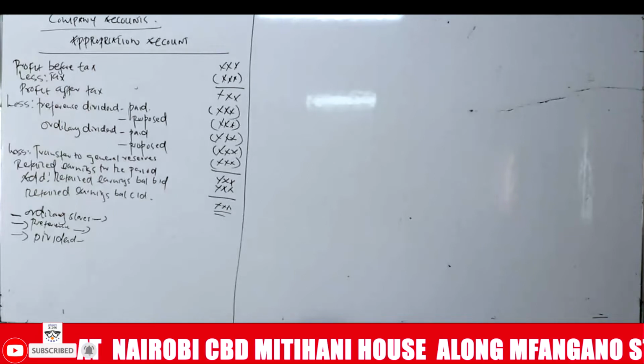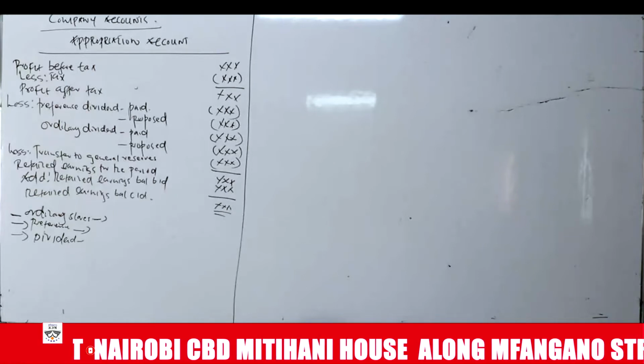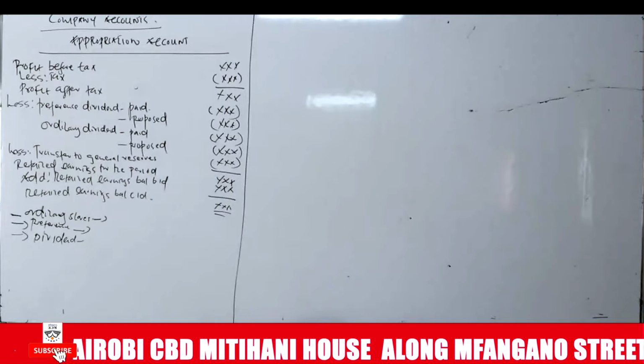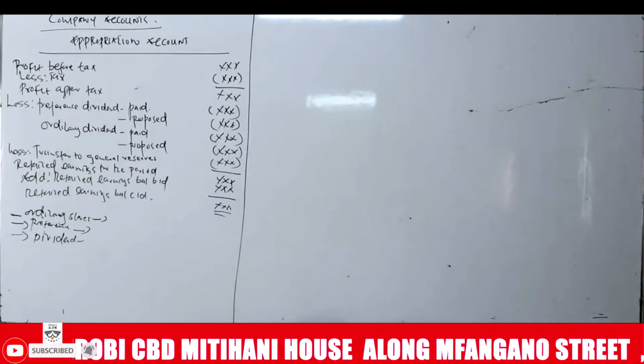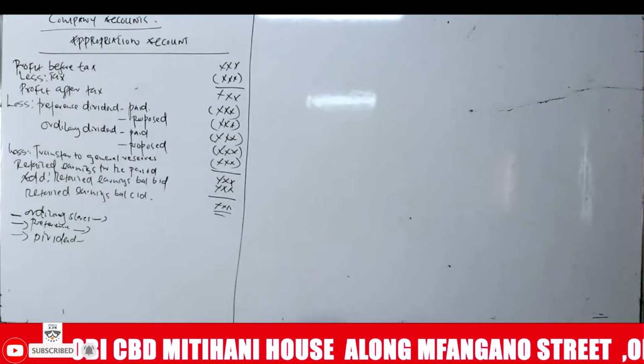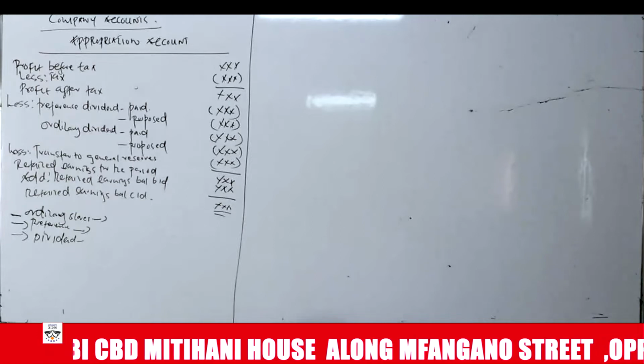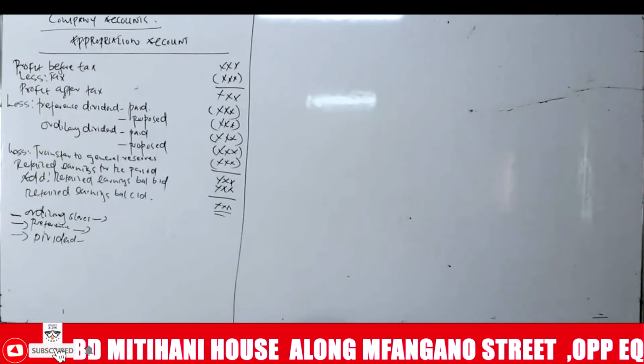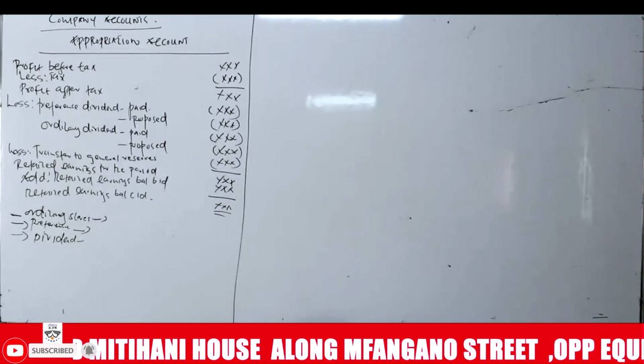Number 2, inventory as of 30 September 2017 was valued at 112,300,000 shillings. Number 3, a debtor who owed the company 1.5 million was declared bankrupt. His debt has not been written off. Allowance for doubtful debts is to be set at 2% of the outstanding receivables.